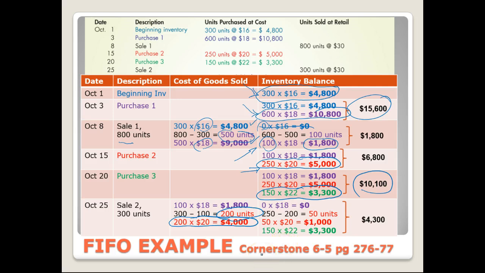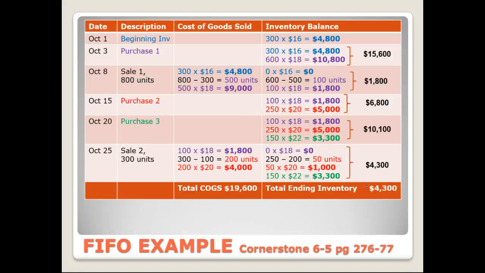Now let's see what I have left. I have none of the blue. I have none of the purple. I have 50 left of the red grouping and 150 left of the green grouping, and ultimately that gets me $4,300 of ending inventory. Now remember, I am going to try to figure out my total COGS by adding them all together. $4,800 and $9,000 from the first sale, $1,800 and $4,000 from the second sale, for a total of $19,600 in COGS.